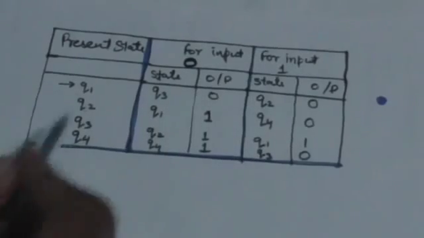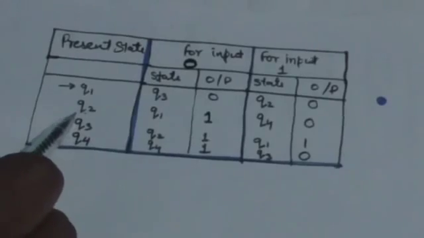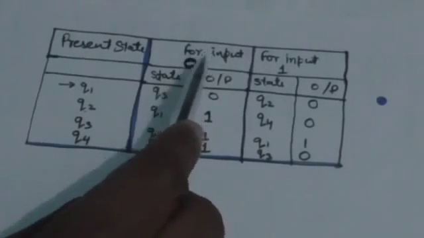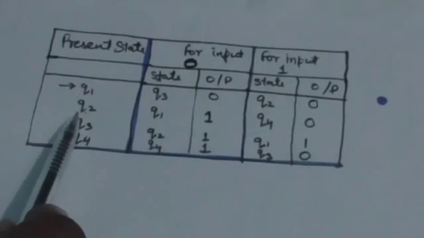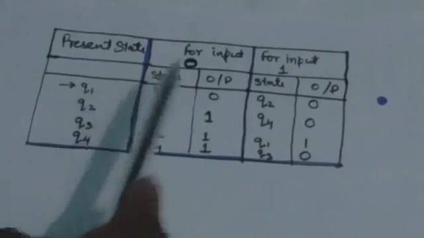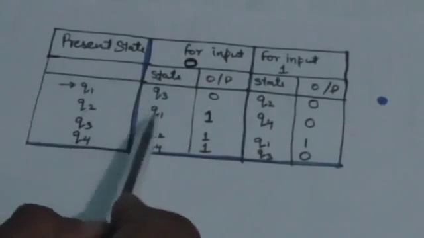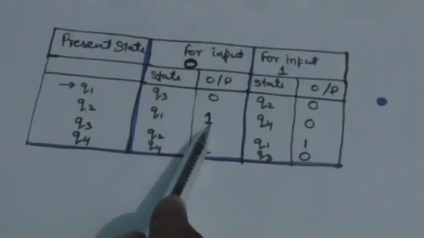Now look at this row. Here the present state is Q2. When the input symbol is 0, which means when it is in state Q2 and it reads 0, then the next state will be Q1 and the output will be 1.